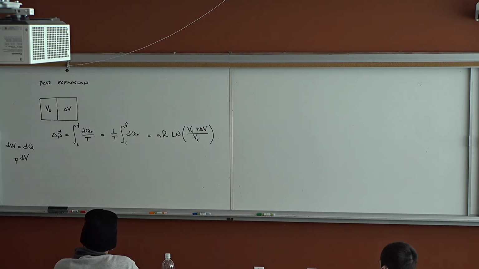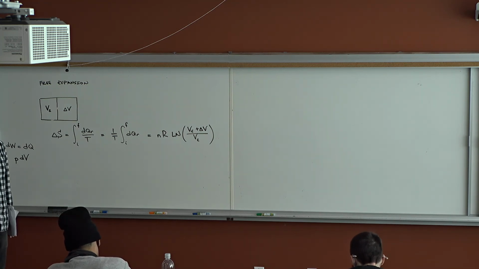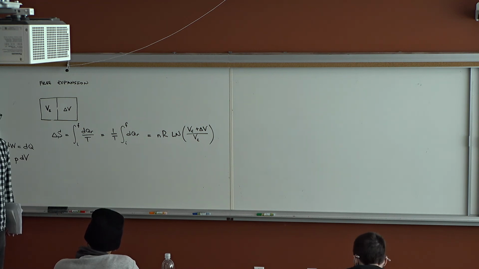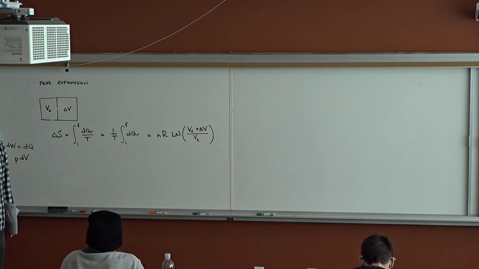The work is zero when we actually did this, we free expanded this, but we can pretend that we did this in a very, very slow isothermal expansion. It's a state variable. The entropy doesn't care how it got there, right? The entropy is what it is.